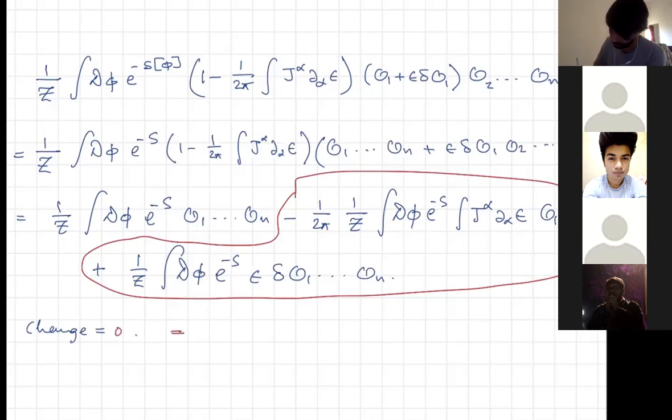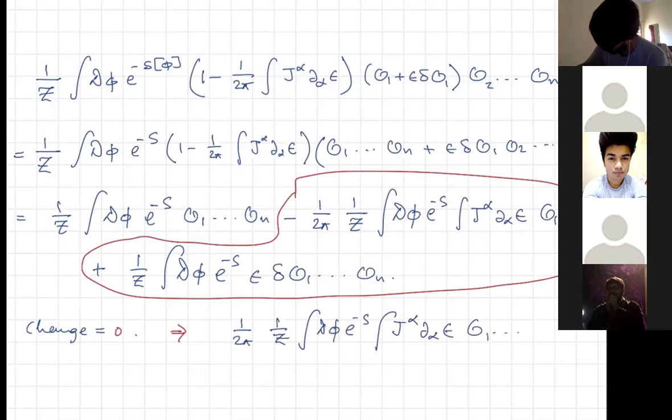So this essentially boils down to saying 1 over 2 pi 1 over z integral del phi e to the minus s integral del alpha epsilon O1 to ON. And what is this? This is just this guy, O1 to ON. This is equal to 0.